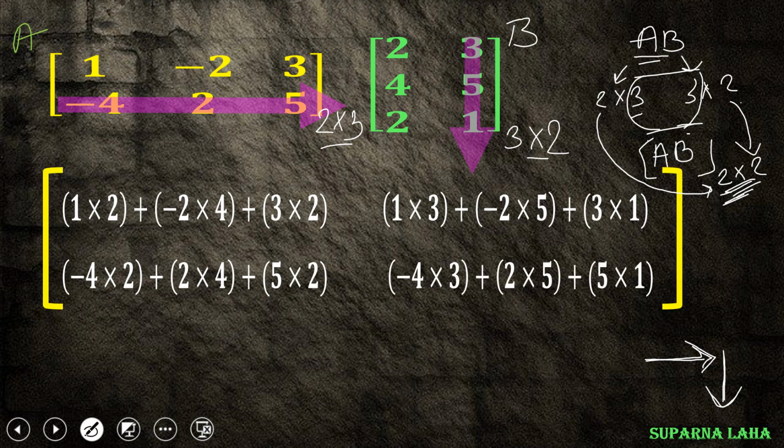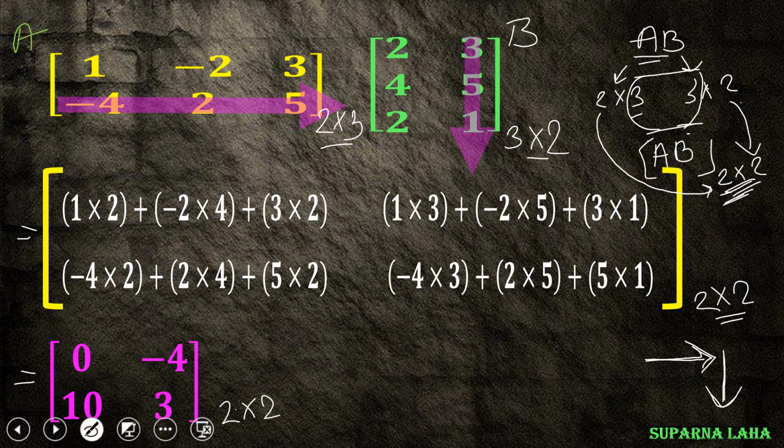So this is your 2 by 2 matrix after multiplication. Just simplify it and you will find the answer is 0, minus 4, 10, 3, and this is a 2 by 2 matrix.